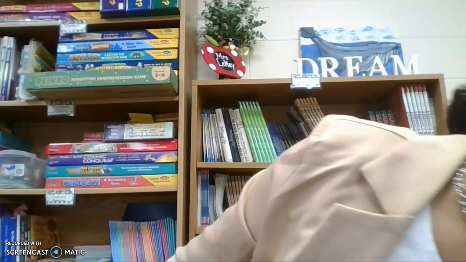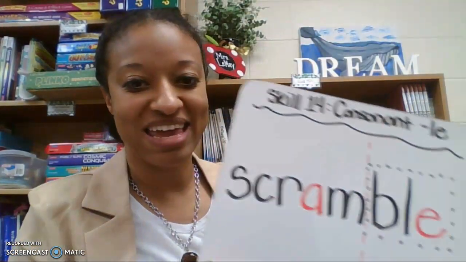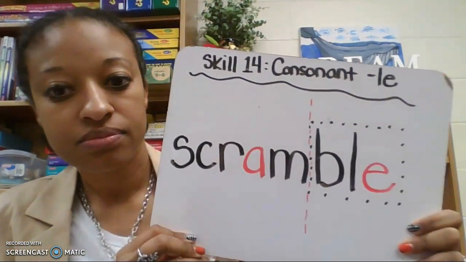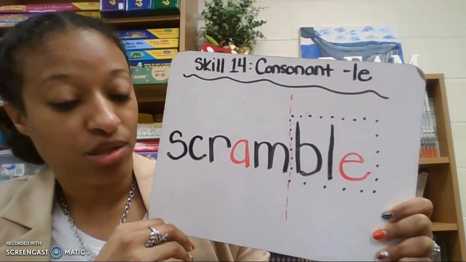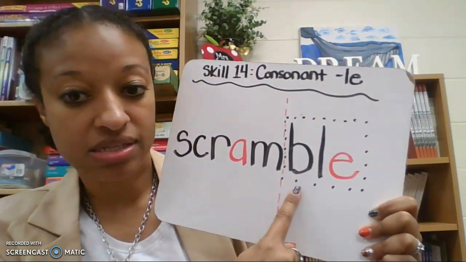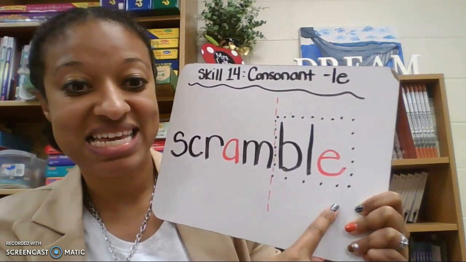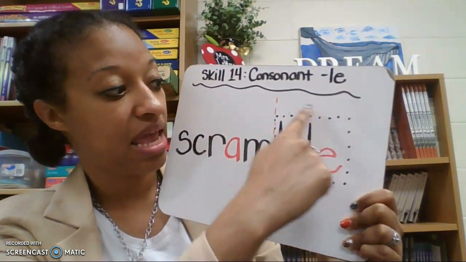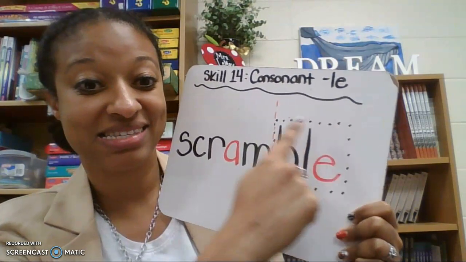Skill 14 is consonant LE. Let me grab my board. Consonant LE syllable pattern is where we have a consonant, an L, and an E, and it is always in a syllable by itself.